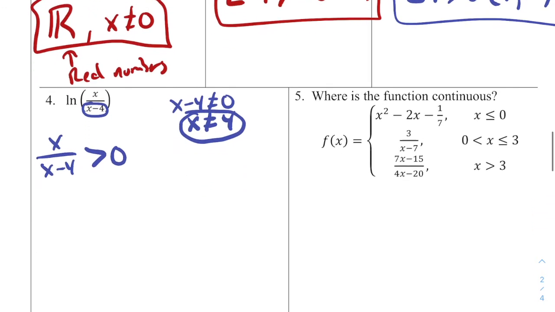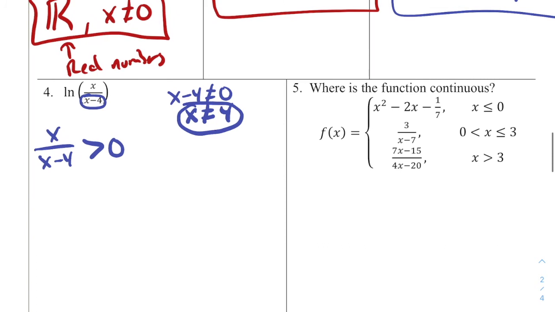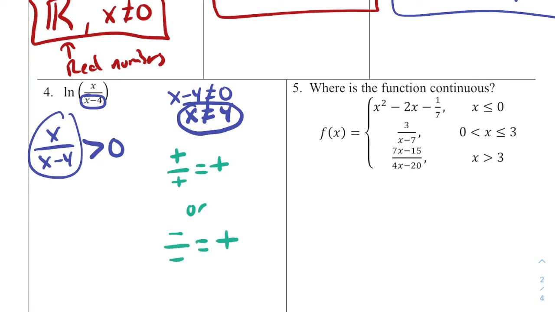Now, there are two ways that this could be the case. Thinking about how a fraction works, if we think back to grade school, if it's going to be positive, I could have a positive divided by a positive, and that's going to give me an answer that's positive. Or it could be a negative divided by a negative that is going to cancel out and become a positive. So it could be either of these two cases. And so we would need to think about what values of x would make that true.